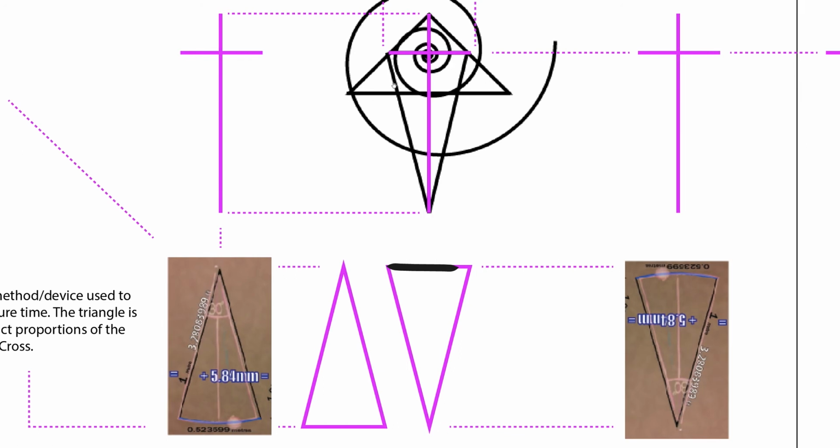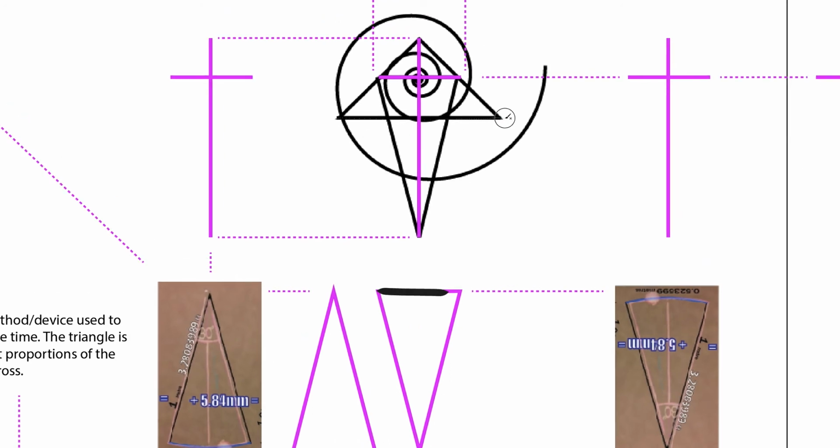Now, if we use the patriarchal cross, we have another triangle, and I haven't made that correlation just yet to anything, but I'm guessing now that I've done this, it does exist.